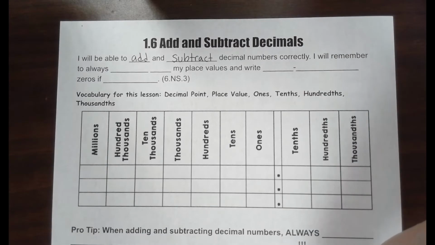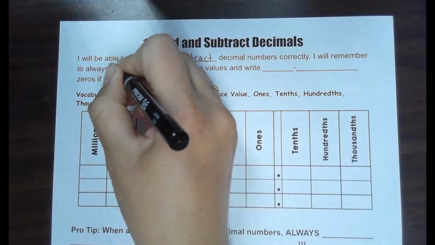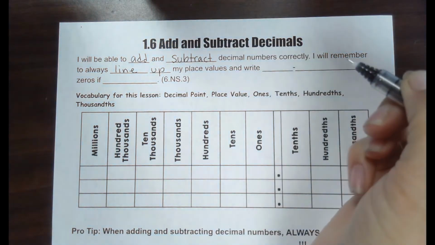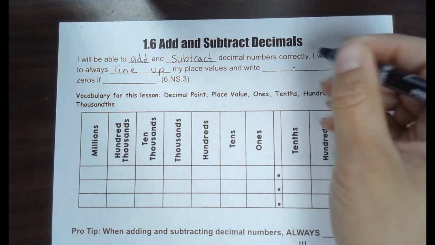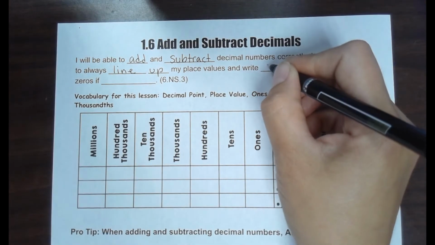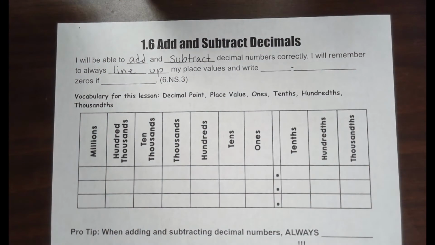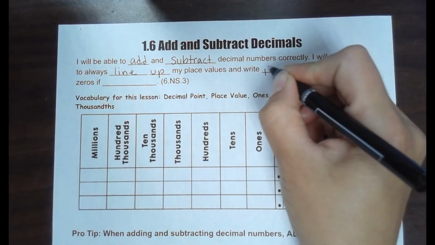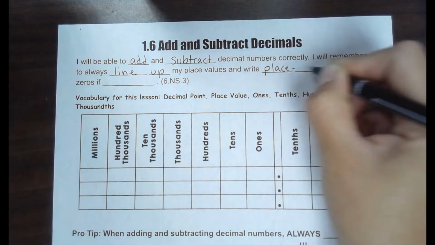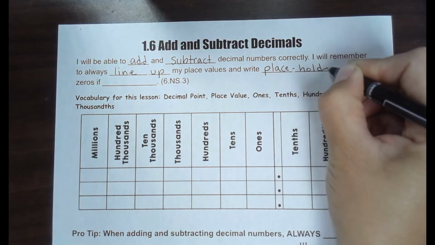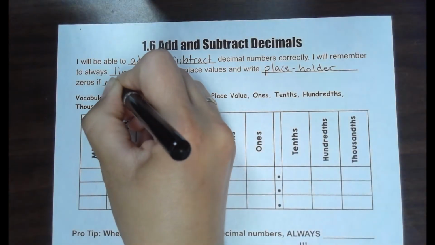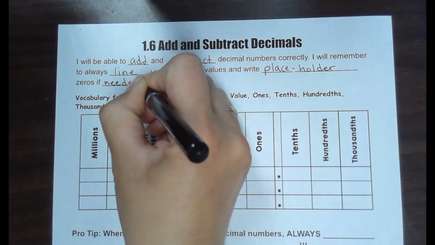I will remember to always line up my place values and write placeholder zeros if necessary. Or let's write needed just because it's a shorter word.